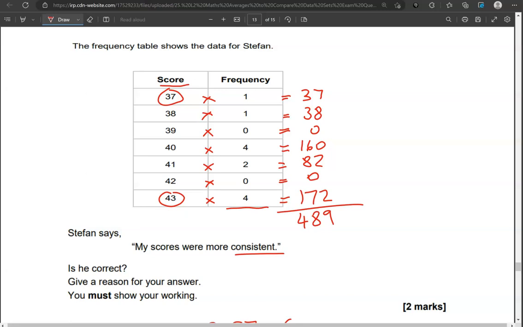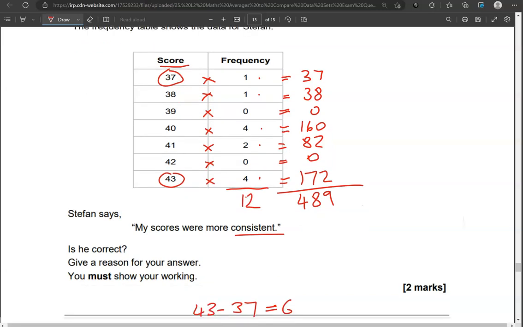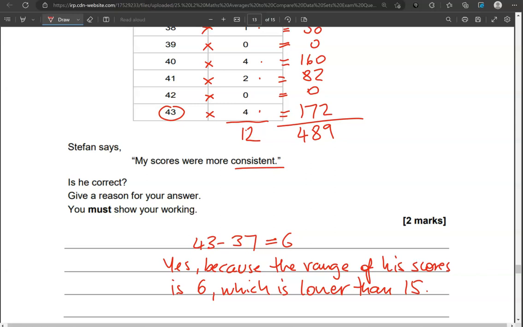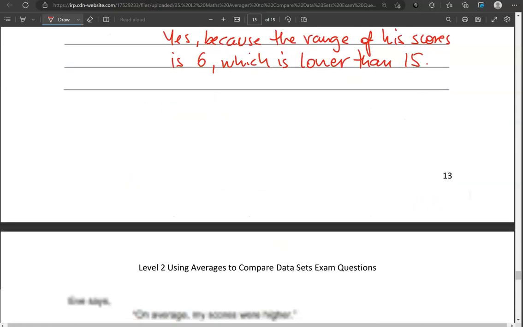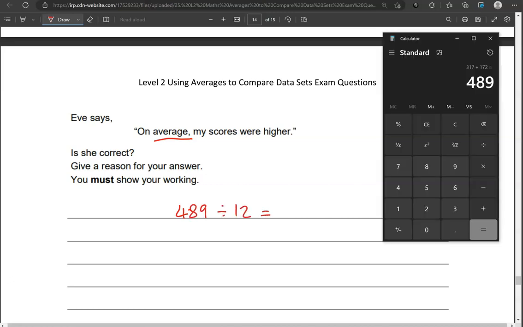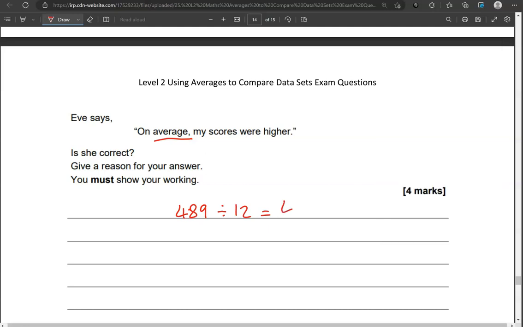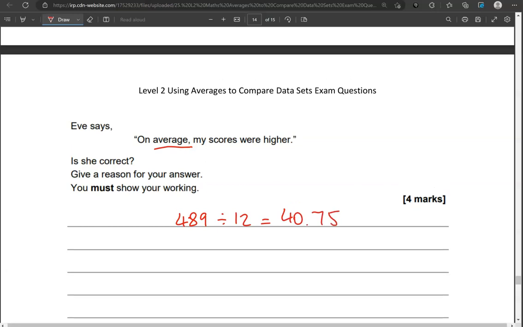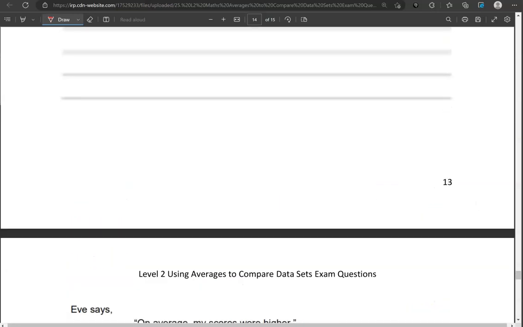So we've got 1, 2, 6, 8, 12. So 489 divided by 12, which is 40.75. That's the mean for Stefan.